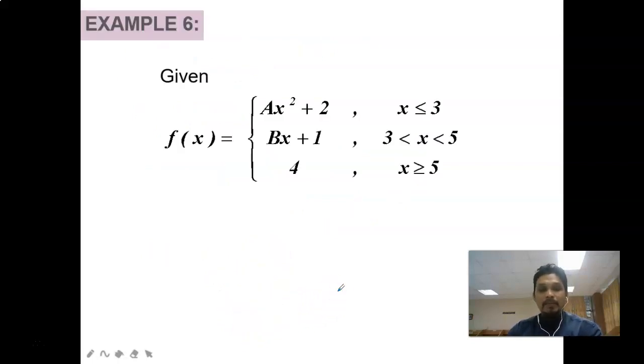Okay, now given this one here, it divides into 3 sections, first, which is 3 and 5.